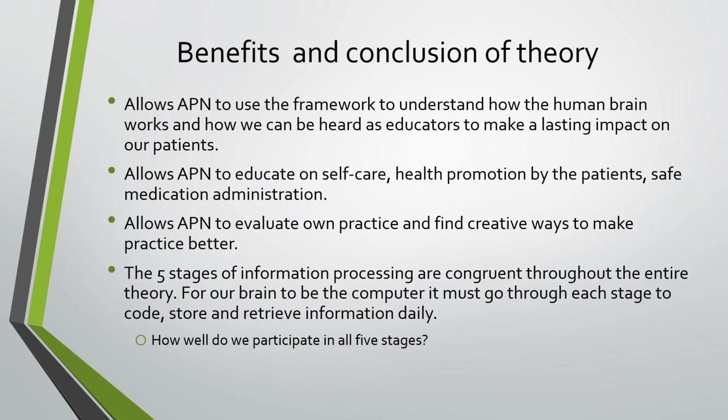The theory allows the advanced nurse practitioner to evaluate their own practice and find creative ways to make their practice better. The 5 stages of information processing are congruent throughout the entire theory. Our brain, as the computer, must go through each stage to code, store, and retrieve information daily.